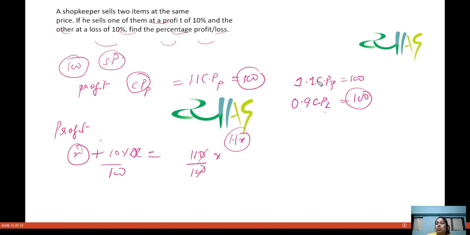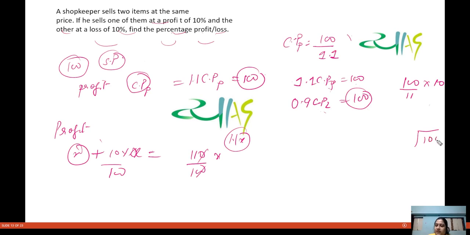Fine. Now, what is the profit here? The cost price P is 100 divided by 1.1. Obviously, you can calculate: 100 divided by 11 into 10.